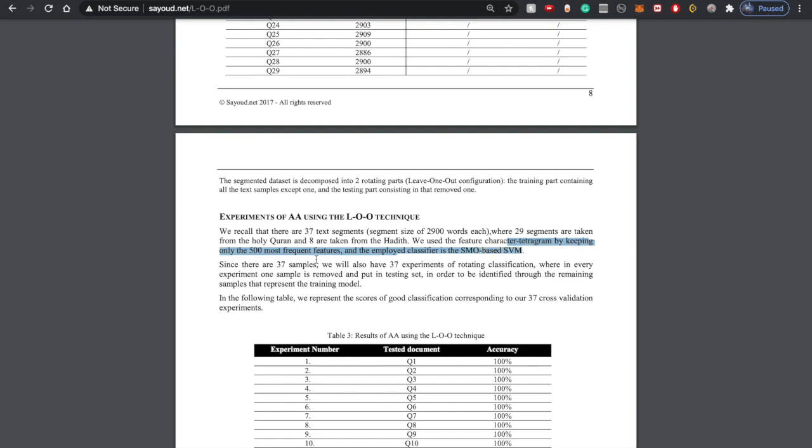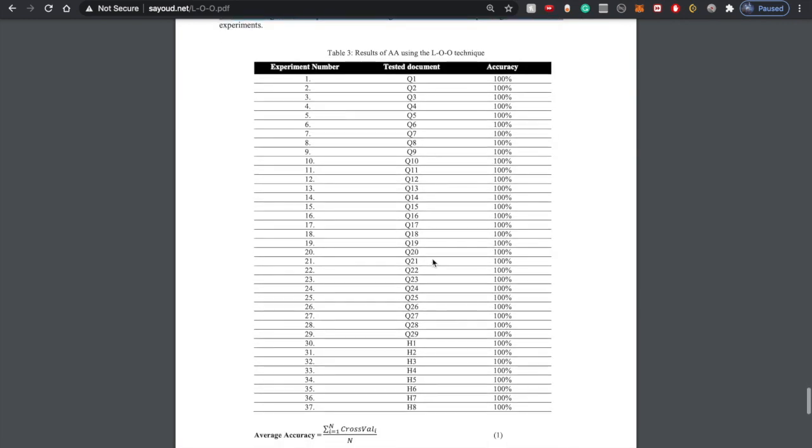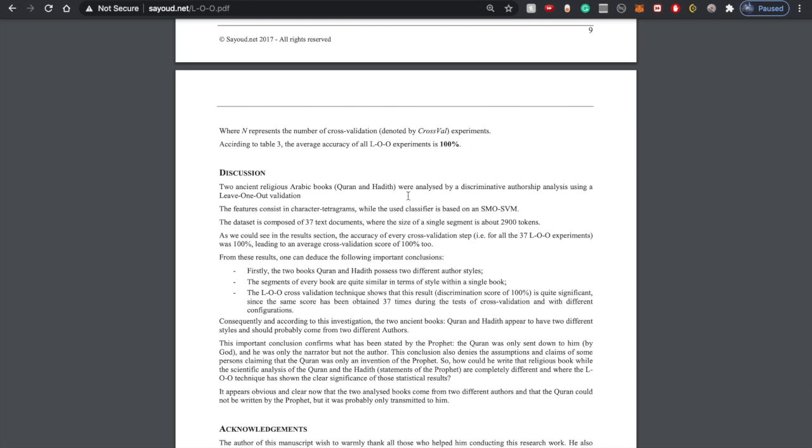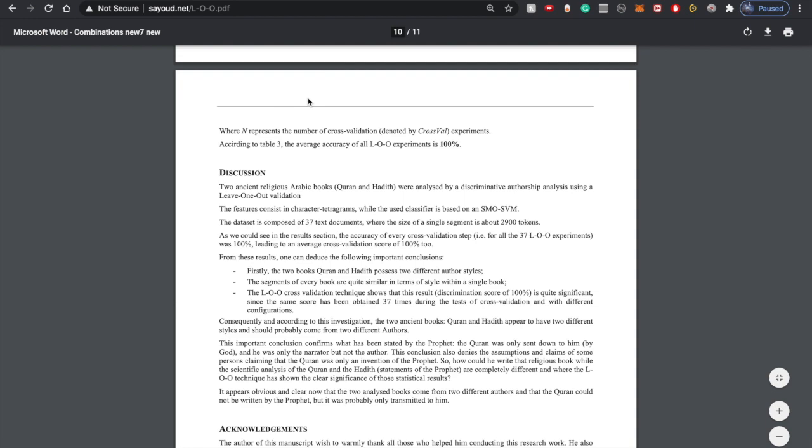Since there are 37 samples, we will also have 37 experiments of rotating classification, where in every experiment one sample is removed and put in the testing set in order to be identified through the remaining samples that represent the training model. Okay? In the following table, we represent the scores of good classification corresponding to our 37 cross-validation experiments. So each perfectly groups into one of the groups, right?